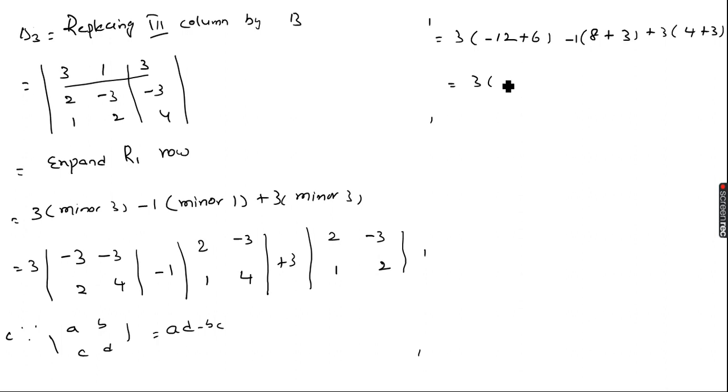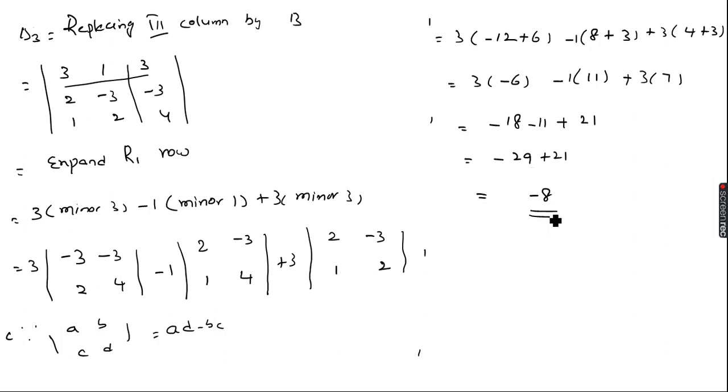So we get 3 into minus 6, minus 1 into 11, plus 3 into 7. We get minus 18 minus 11 plus 21, nothing but minus 29 plus 21. So we get minus 8. Delta 3 is equal to minus 8.